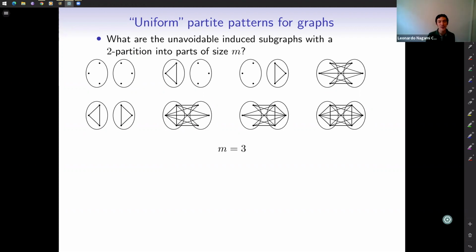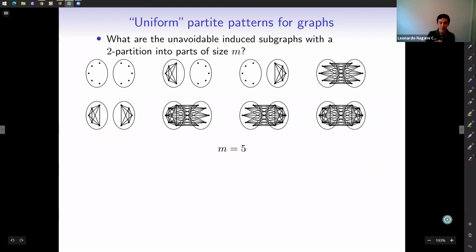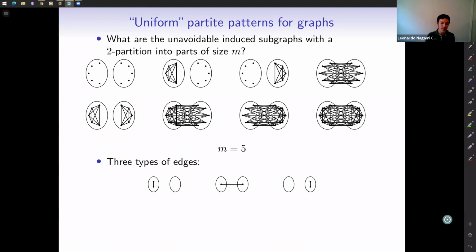So what is actually going on is the reasoning that you're doing. Oh yeah, I should say, I said m equals 3, but for m equals 5 it is exactly the same picture. It just looks more polluted. But the reasoning here is that there are 3 types of edges in a 2-partition, right? There are edges that are contained in the first part, edges that are contained in the second, and edges between them. Right?